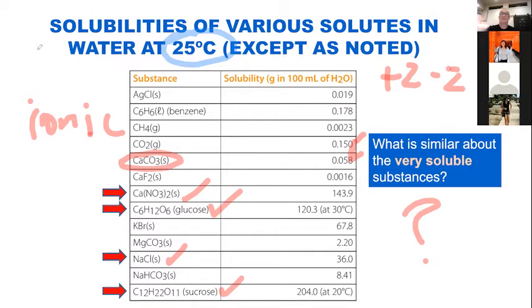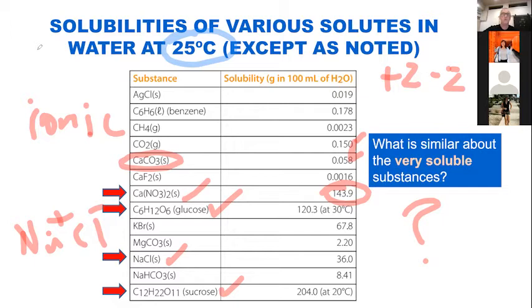So water has difficulty breaking that really, really strong interaction. Calcium nitrate, on the other hand, is extremely soluble. And that's because we have a +2 and 2 -1s, which make it a little easier, actually quite a lot easier in this case, for water to break those bonds. Sodium chloride is just a +1 -1, as we know.